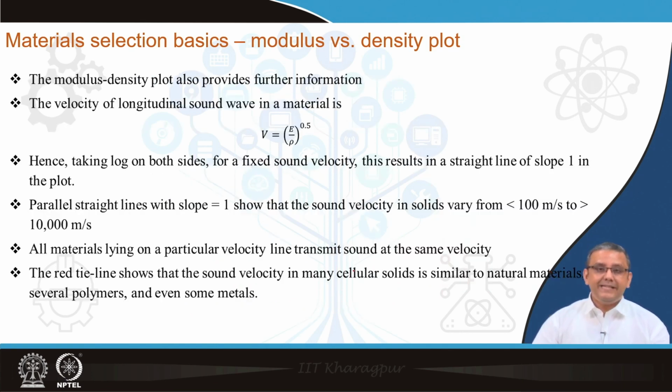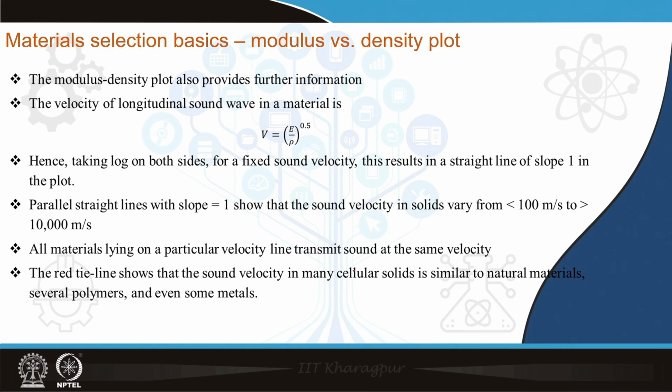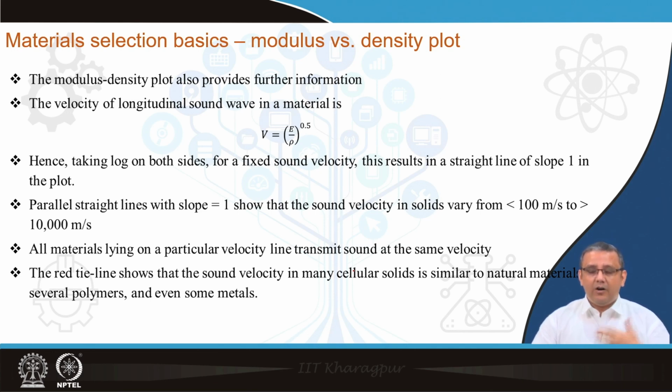So, we have seen this modulus versus density plot. We can also obtain even more information from it. As you can see over here, the velocity of sound in any material is typically given by this equation, where V is the sound velocity, E is the Young's modulus and rho is the density.